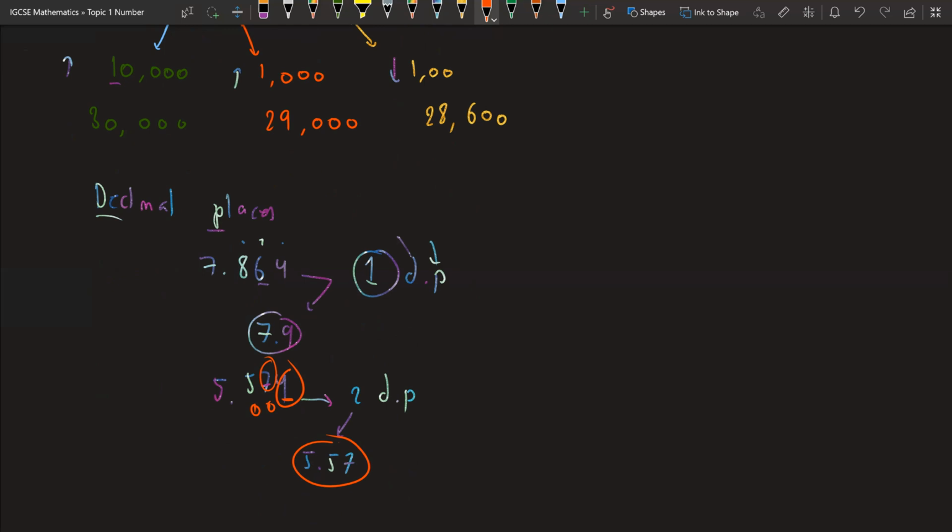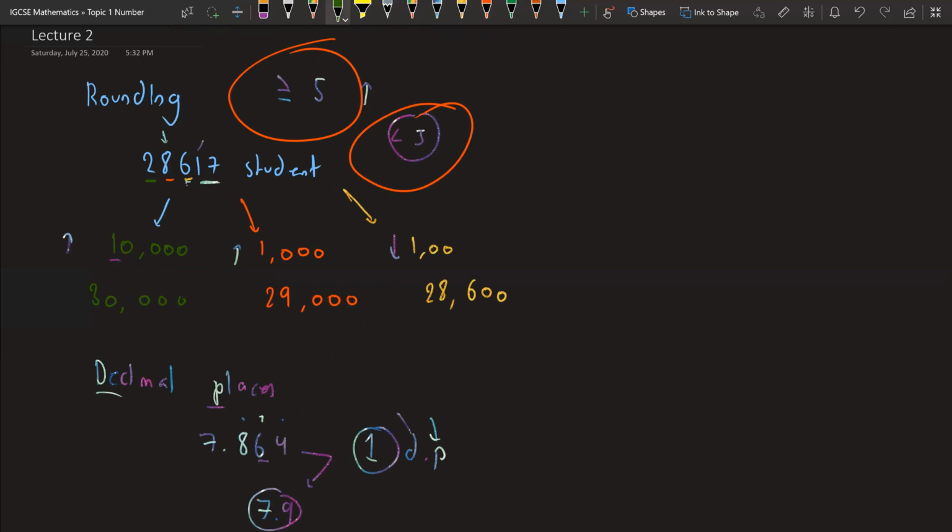So let's talk about significant figures. A number can be approximated to a given number of significant figures.